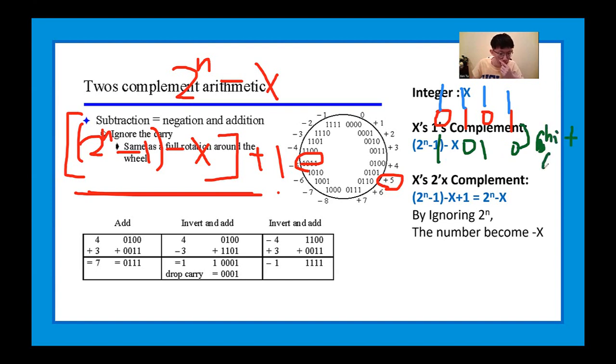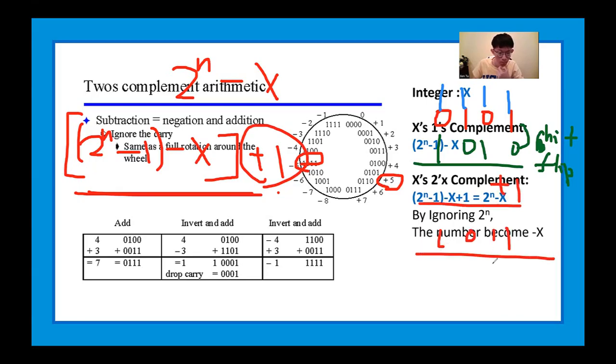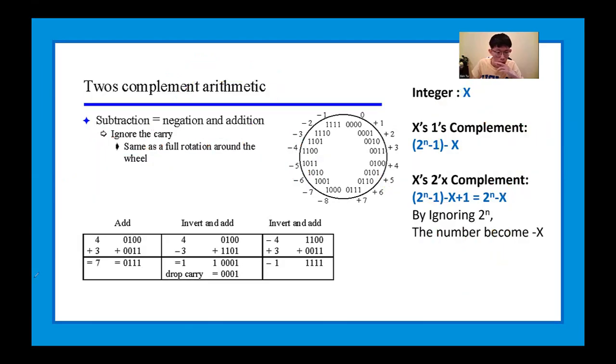Yeah. You flip your bits, you got your 1's complement. And then later you add another 1. You got 1, 0, 1, 1. That's your 2's complement. That's what minus 5 is. Okay? Yeah. This is how you find your 2's complement.